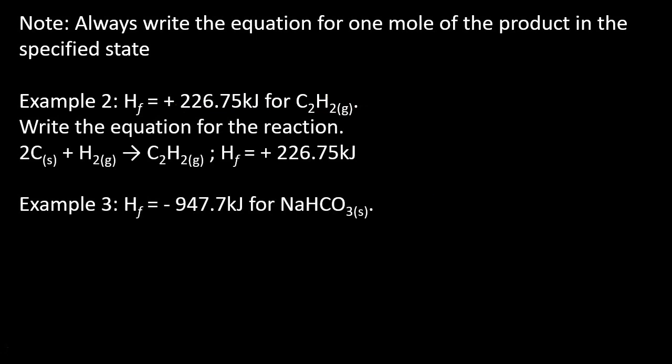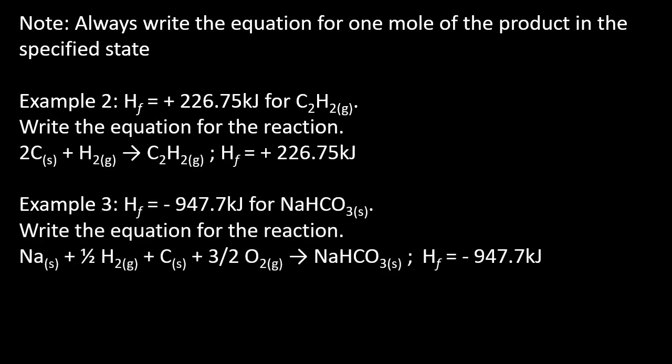Third example then, for the formation of sodium bicarbonate, written out in this fashion for 1 mole. Okay, it's negative 947.7 kilojoules. Okay, so that's the standard way of getting this information.